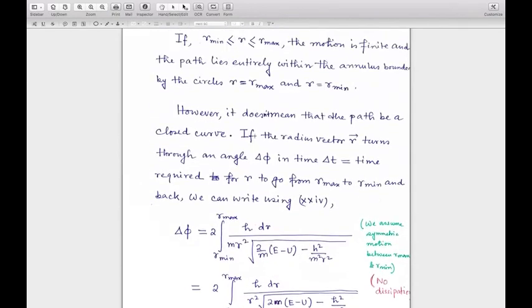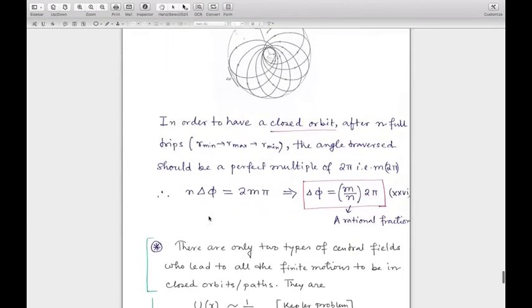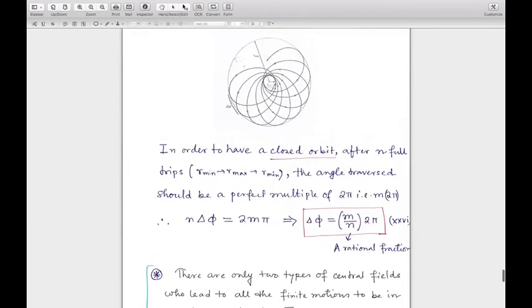However, it does not mean that the path should be a closed curve. If the radius vector R turns through an angle delta phi in time delta t, that is the time required for R to go from R max to R minimum and back. So let's say it starts from here.